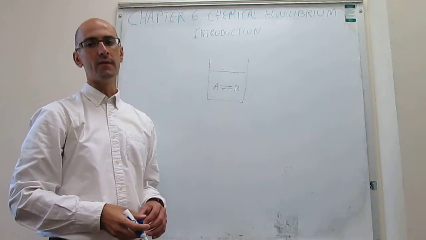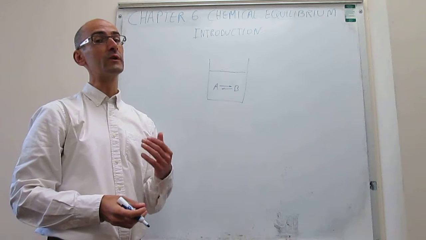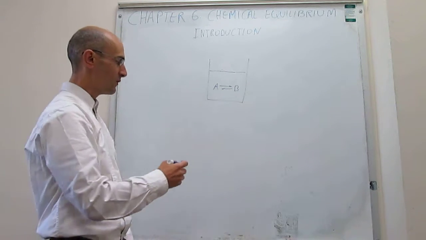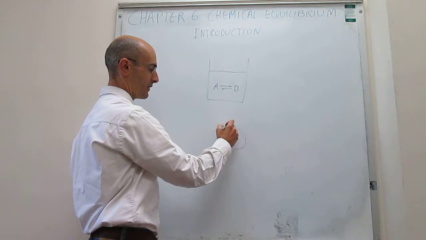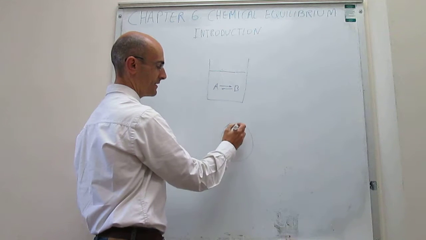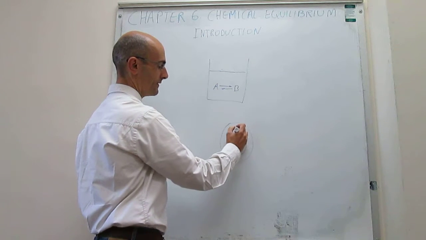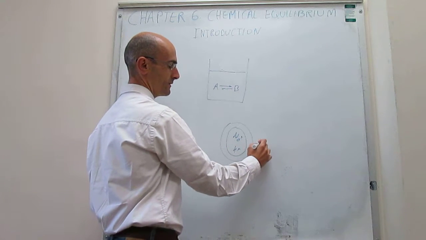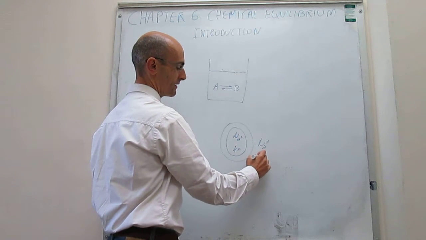It turns out that life works really hard to try to avoid situations of equilibrium. For example, when you think about a cell, and you think about the number of ions inside and outside the cell, we know very well that the concentration of maybe sodium ions or potassium ions is quite different between the inside and the outside of the cell.